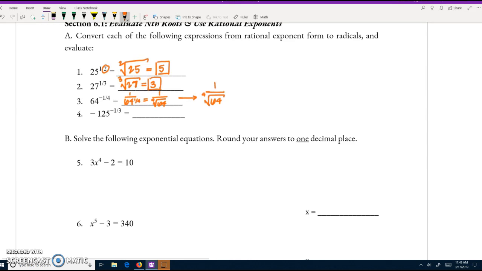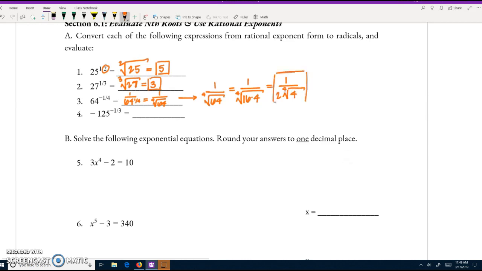So what we would need to do instead is to see if there are any perfect fourths that divide into 64. So we can rewrite this expression as 1 over the 4th root of 16 times 4, because 16 is going to be the perfect 4th root that does divide in. And we can then simplify that to 1 over 2 times the quartic root of 4.